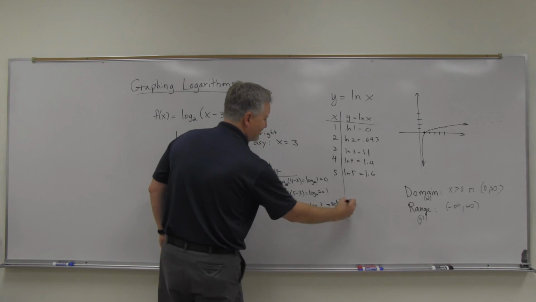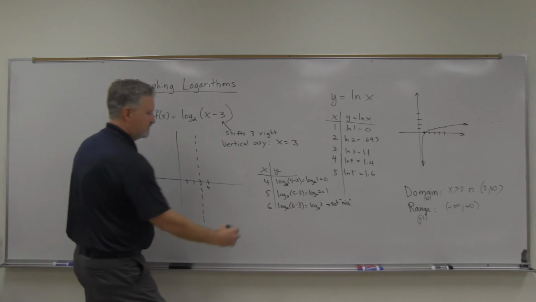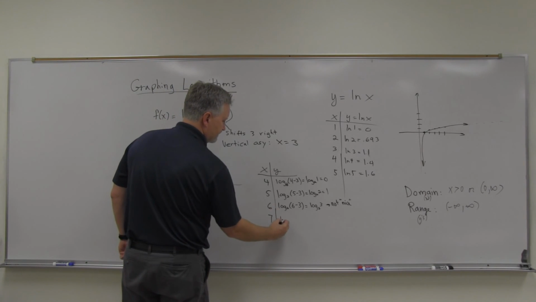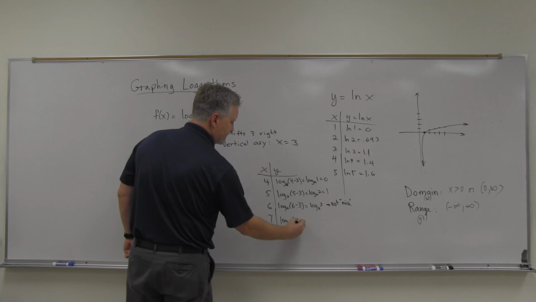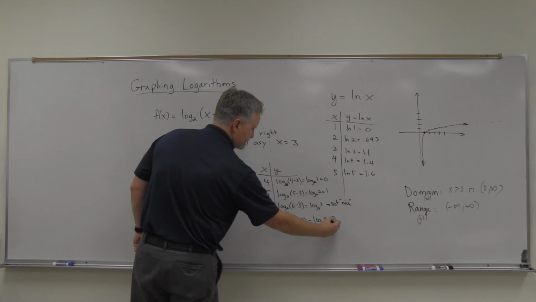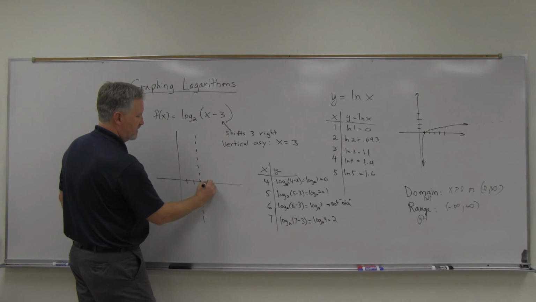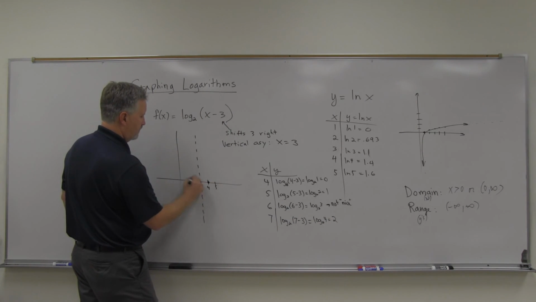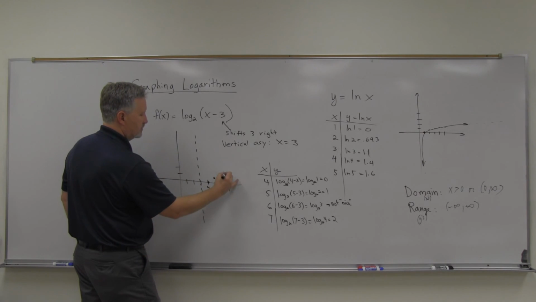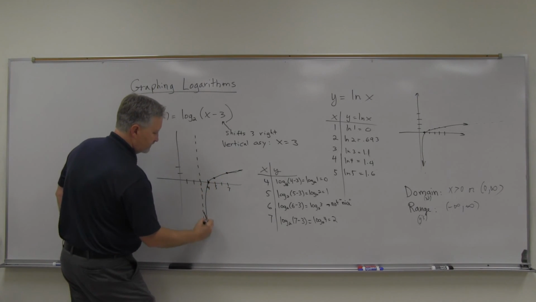There's not a nice power of 2 that gives you 3, so 7 would be another one. I believe that would give me the log base 2 of 4. That's 2. So that gives me a pretty good idea. At 4 you're at 0, at 5 you're at 1, and then at 7 I'm at 2. So there's that, and then our vertical asymptote.